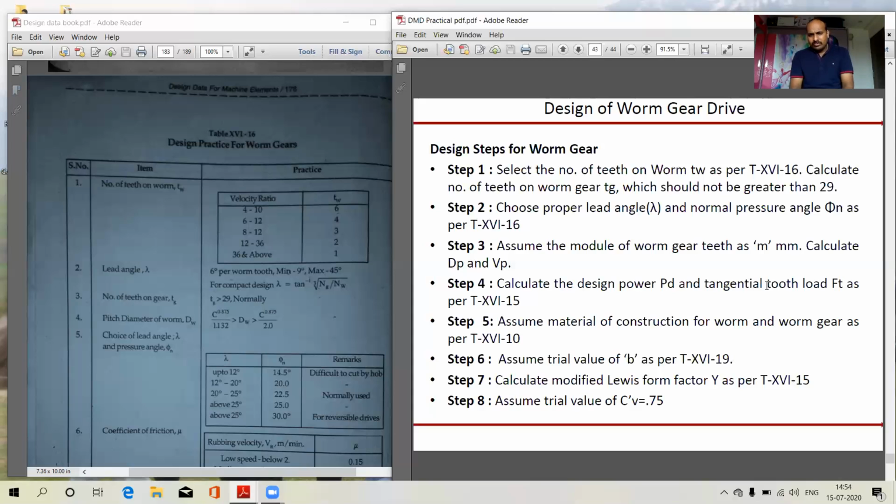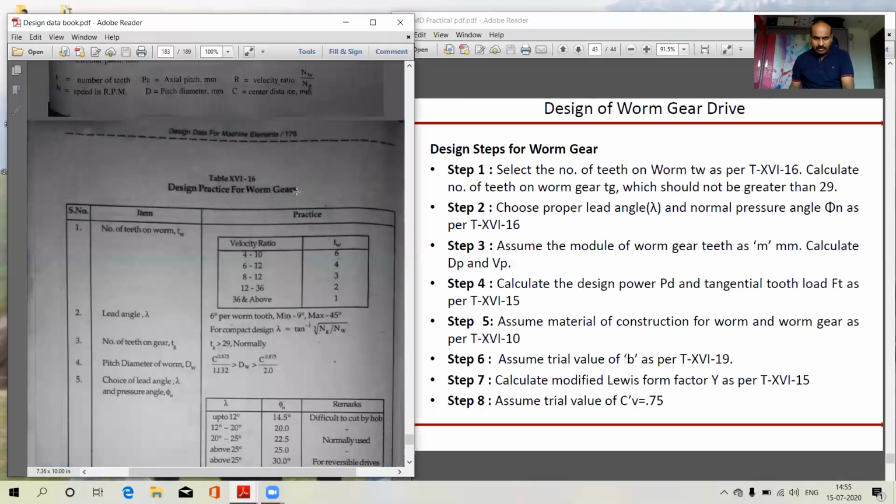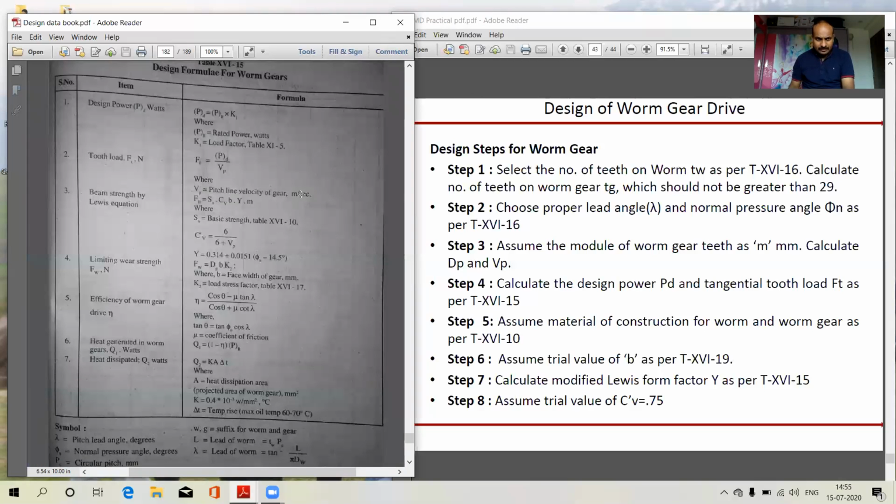So as per the formula for tooth load, which is mentioned in the table on page number 175, see, that is tooth load FT is equal to, I am highlighting it, PD upon VP.